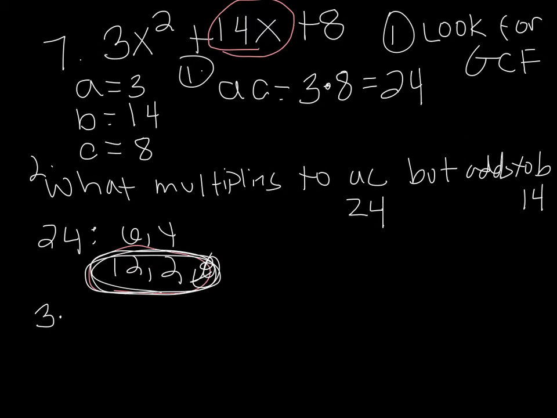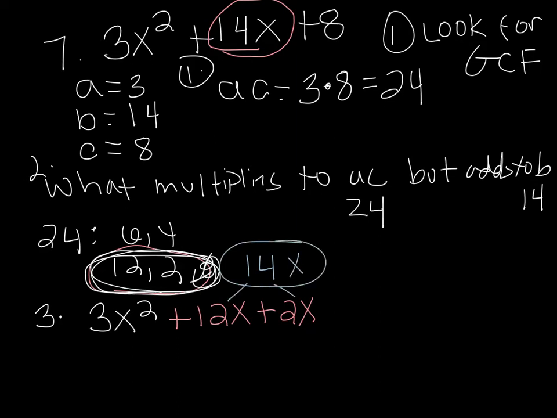So you're basically taking that middle term and splitting it up into 2 other terms. Let me demonstrate that for you. So rewrite it, and you have 3x squared, but now I'm going to write it as plus 12x plus 2x. You can see here that that gives you your 14x that you originally had.